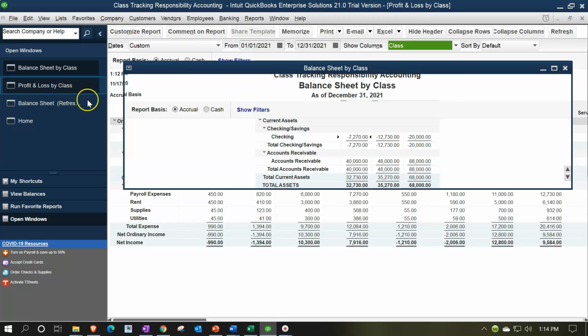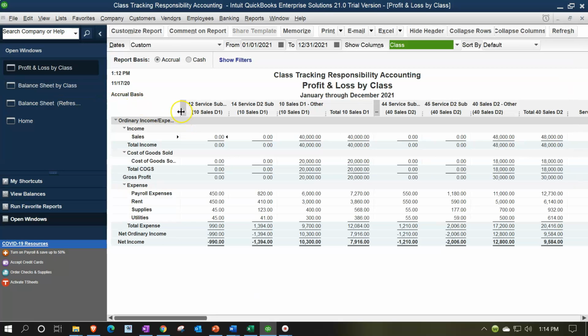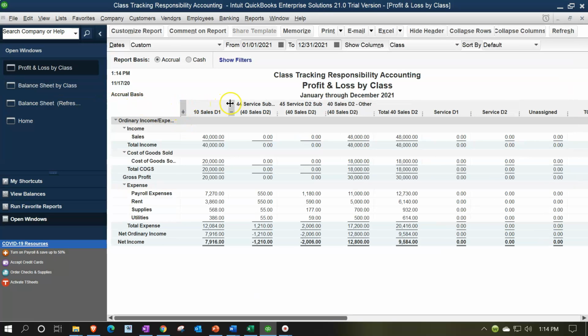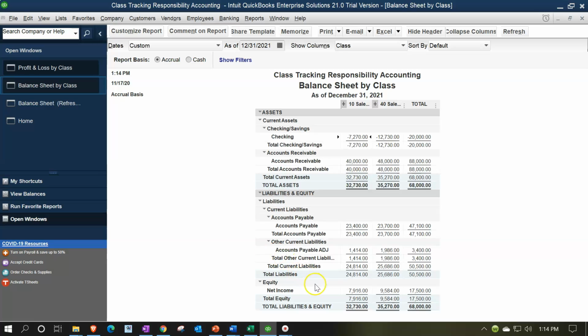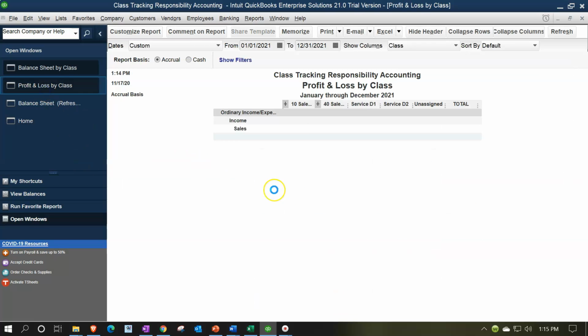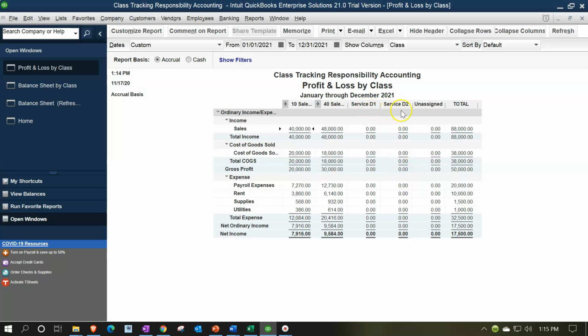If I go to the P&L, I do a similar thing here. I collapse these out, and we've got the 7916 to 9584. Then you could do a similar process here, removing these three lines. We don't need them.